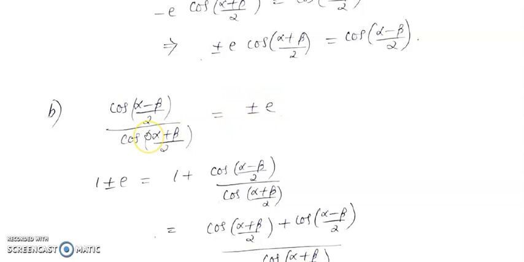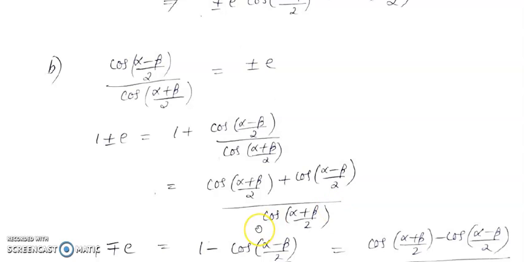So for the second part, plus or minus e will be equal to cos alpha minus beta by 2 by cos alpha plus beta by 2. So 1 plus or minus e will be 1 plus cos alpha minus beta by 2 by cos alpha plus beta by 2. So that is cos alpha plus beta by 2 plus cos alpha minus beta by 2 by cos alpha plus beta by 2.